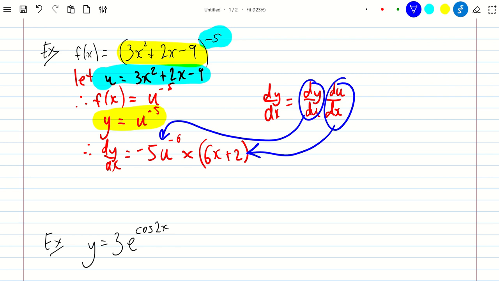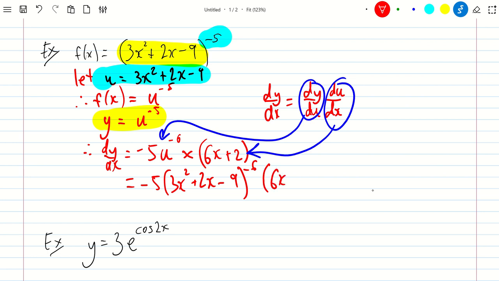To finish it off, we can't leave it with a u in there, so we plug that back in. It's -5, and u was 3x squared plus 2x minus 9, to the power -6, and then we multiply that by 6x plus 2. So that is the final derivative, the derivative of that function.